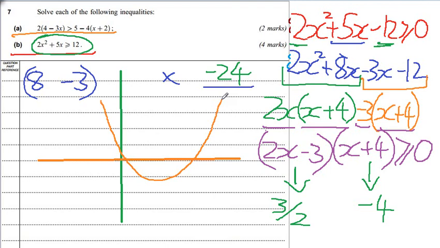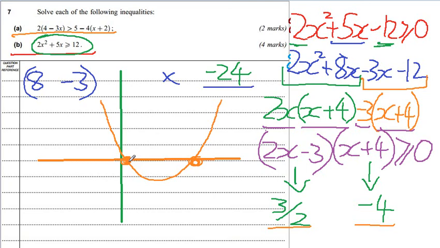And now you've found out that it cuts the x-axis at 3 over 2 and minus 4, which means my drawing is completely wrong, but it serves the same purpose. So we go here, there's one point, there's another point. So what it's saying is, where is 2x squared plus 5x greater than or equal to 12?